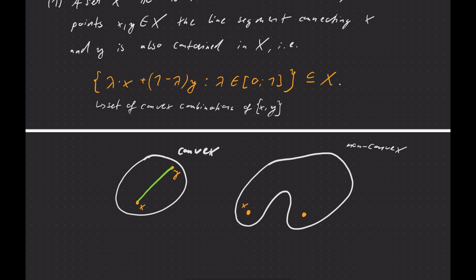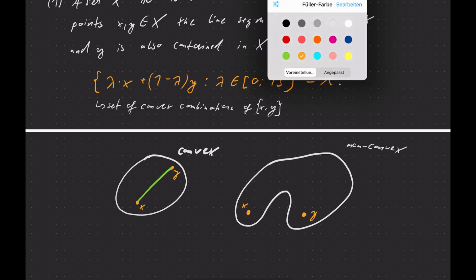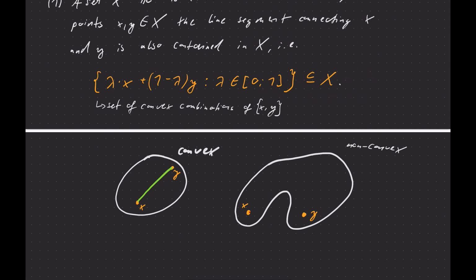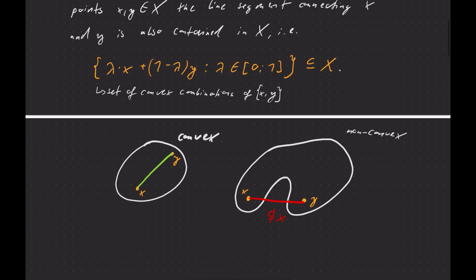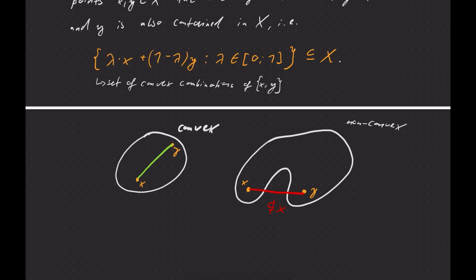So that is x, that is y. And the line connecting those two is this one here, and that is clearly not contained in the set. It contains points that are not lying in the set. So this is a non-convex set. So geometrically, convexity means something like roundedness. It's rounded in a way such that no line connecting any 2 points is outside or partially outside of that set.